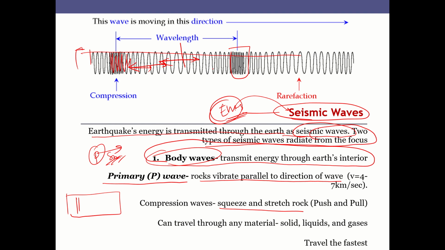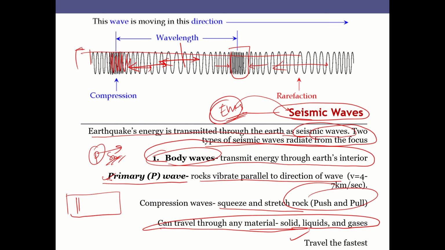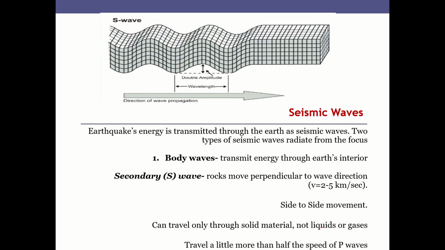The energy as a result can compress the landmass, or it can expand as well. This is why it says push and pull effect can be observed in this type of energy. It can travel through any material, solid, liquid and gases, and it travels the fastest. So that is the primary wave within the body waves.